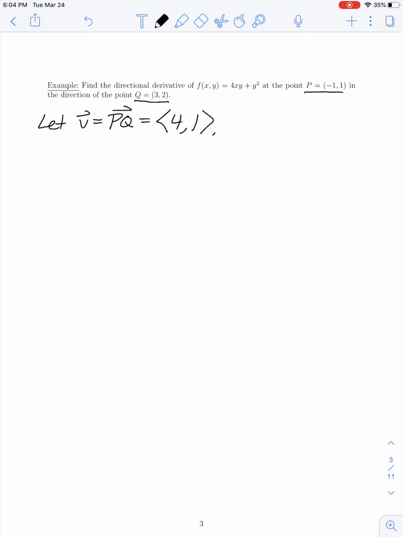So once we have the vector that indicates the direction in which we're moving, we need to normalize it. We need a unit vector that acts in this same direction. So again, to find a unit vector in the direction of v, we could take the vector v and divide by its magnitude.